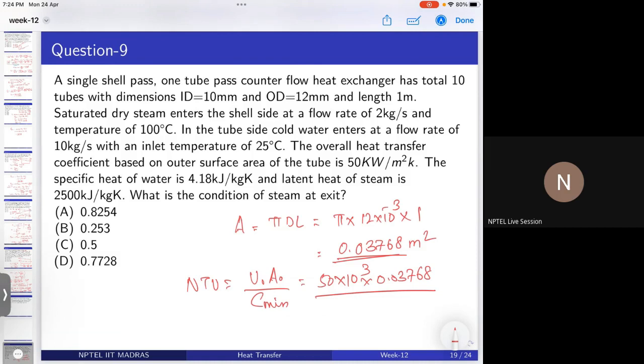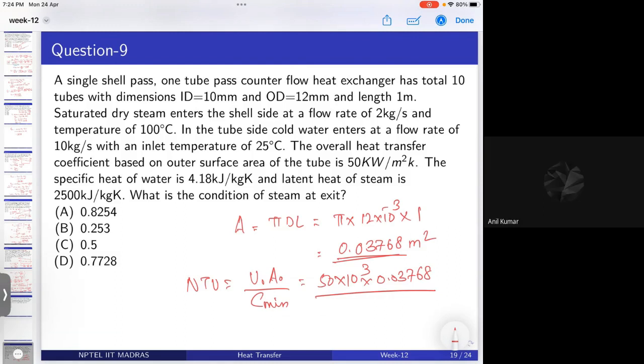What is the mass flow rate of a single tube? 10 tubes are given, and water enters inside the tubes. 10 kilograms per second is the total flow to the 10 tubes, so we have to divide by 10.